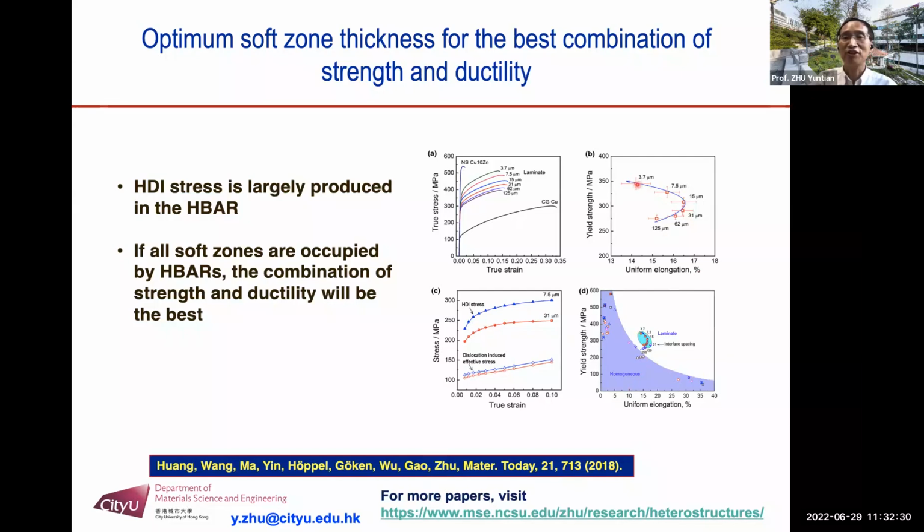Which means, indeed, there's an optimum interfacial distance that will give you the best heterostructure effect, or highest HDR strengthening effect. Okay, so when you design heterostructures, you have to consider this also.